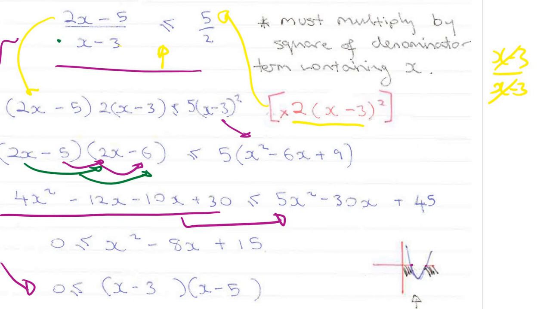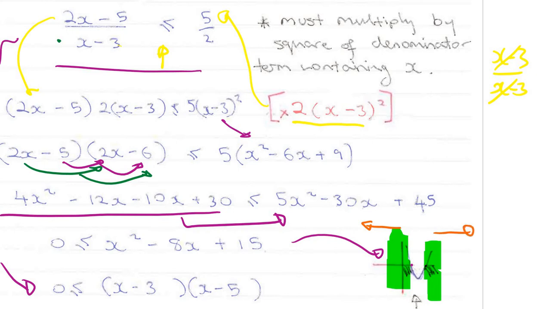We've got 3 and 5 there, and we know that the curve goes like this. This is the curve of this quadratic, a rough estimate of it. Now, we're looking for the values of the curve which are greater than 0. The lines that I've put in black here are where my curve is greater than 0, so for all values of x going that way and all values of x going that way.